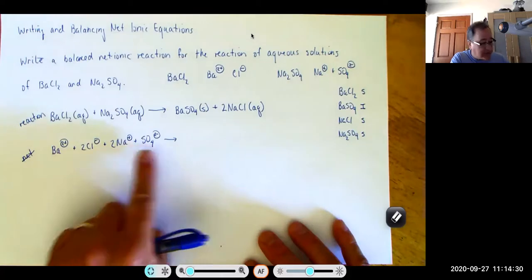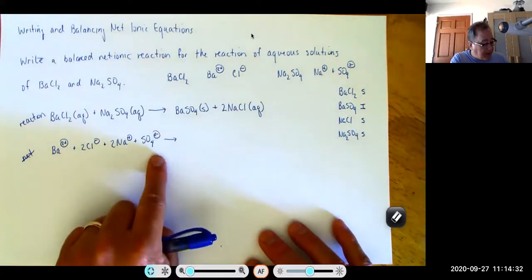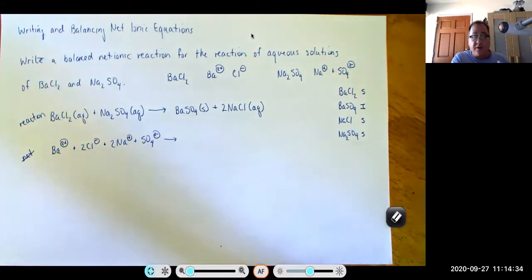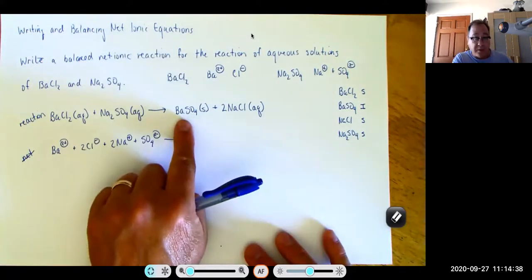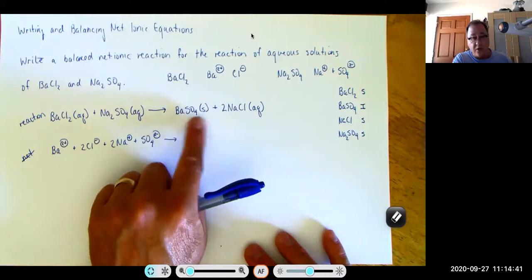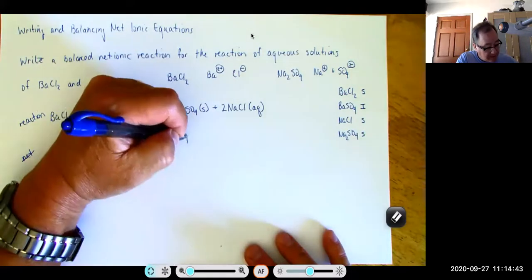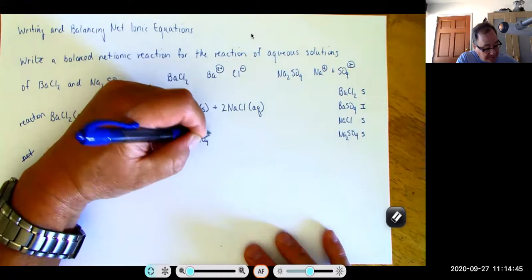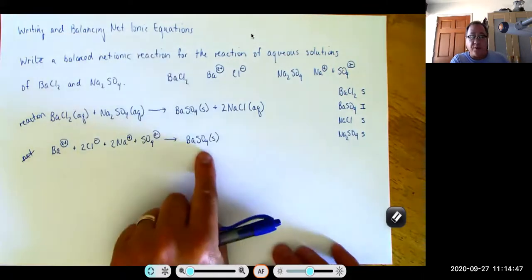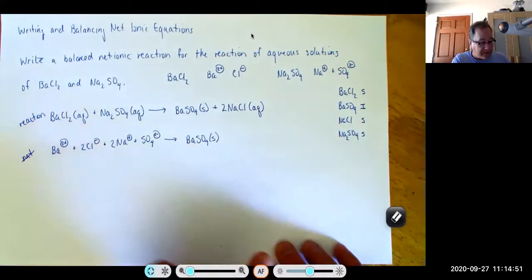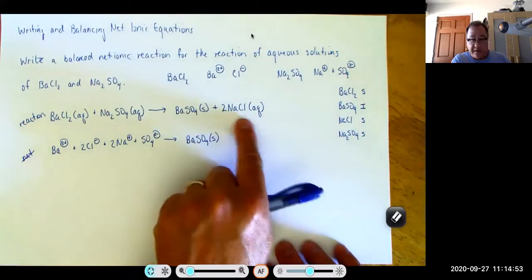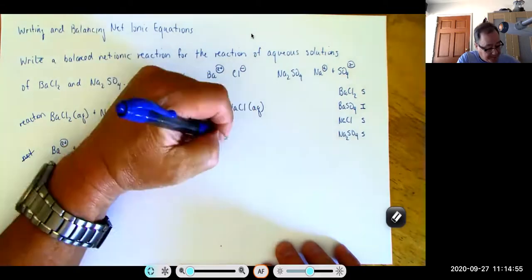I'm not putting aqueous behind them, but we have to imagine that these ions are separate from one another, floating around in solution. Now you see these ions here? Are they separate from one another floating around in solution? Nope. So we're going to write barium sulfate. So this better represents what we have when we're done with the reaction. Those ions are stuck together. Are these ions stuck together? No siree, not when it says aqueous there.